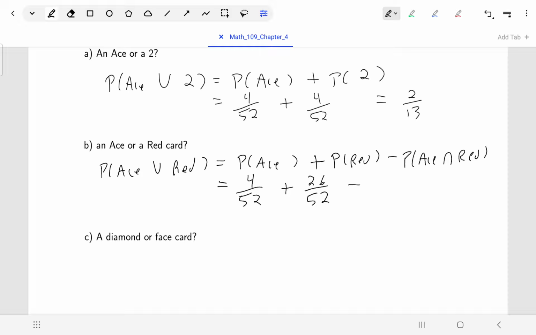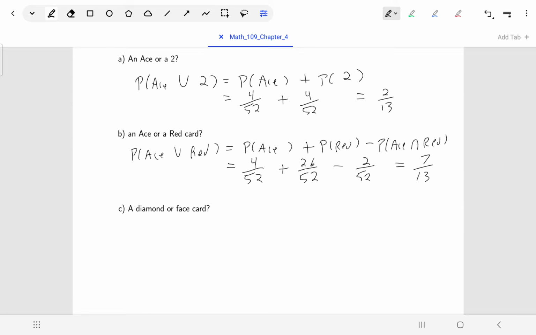As I said before, that's the ace of diamonds and the ace of hearts. There are 2 cards out of 52 where that's the case. So I have 4 out of 52, the probability of ace, plus 26 out of 52, the probability of getting a red card, and then minus 2 out of 52, the probability of getting a card that is an ace and red, and this all adds up to 7/13.